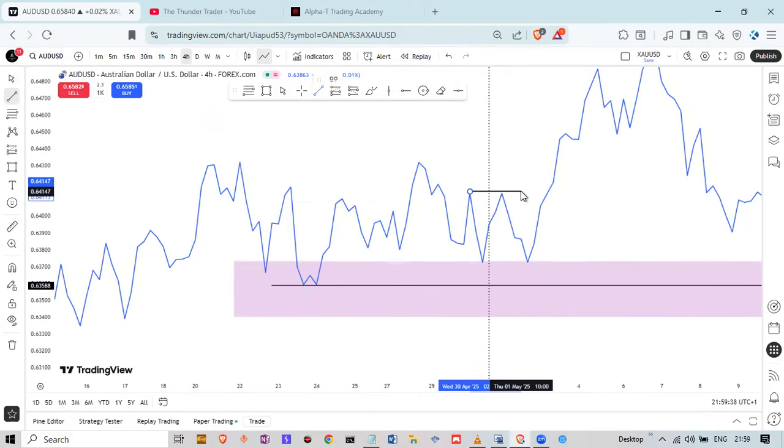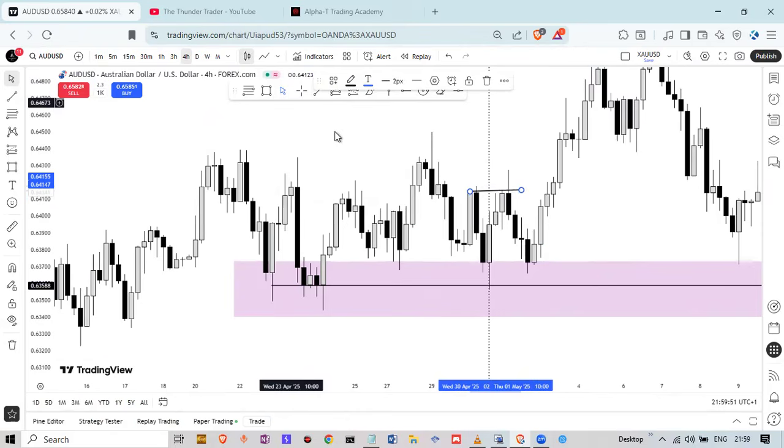All right. So imagine that price has not formed yet to this level. What you want to do is see price break above this level.